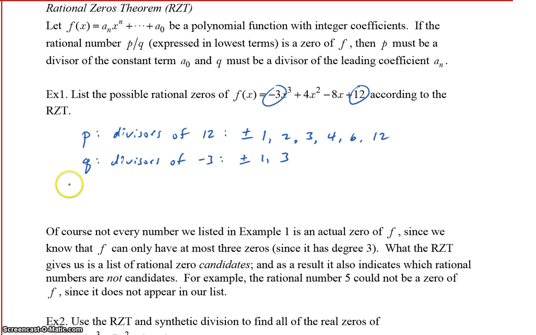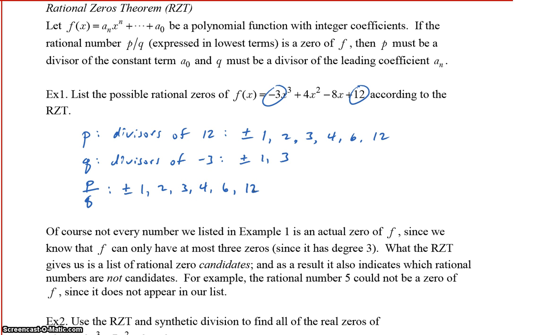So the possible rational zeros are formed by taking all the p's divided by all of the q's and listing these systematically, plus or minus. Let's start by dividing all of the p's by q equals plus or minus 1. So that would be 1 over 1, 2 over 1, 3 over 1, 4 over 1, 6 over 1, 12 over 1. In other words, just 1, 2, 3, 4, 6, and 12 again.